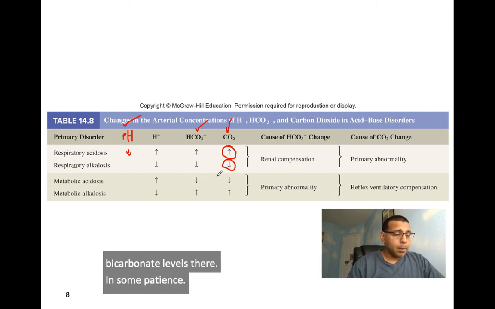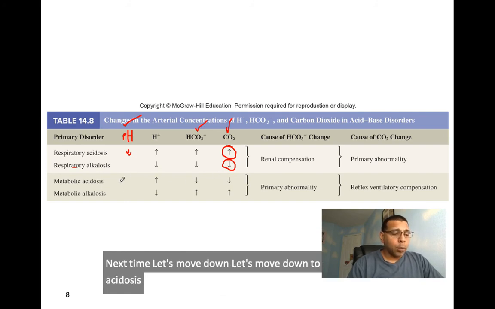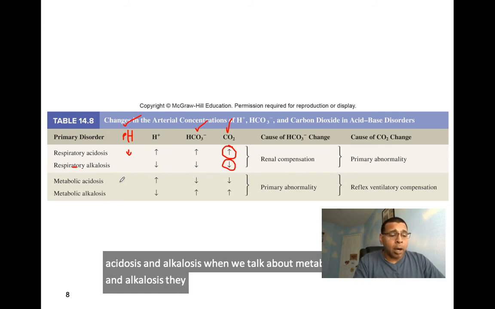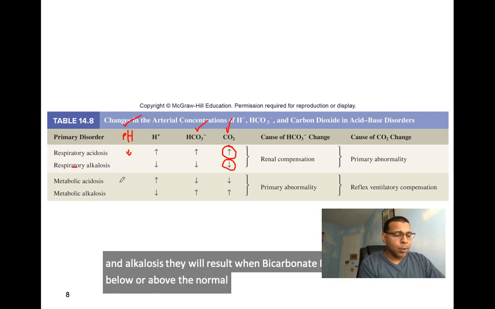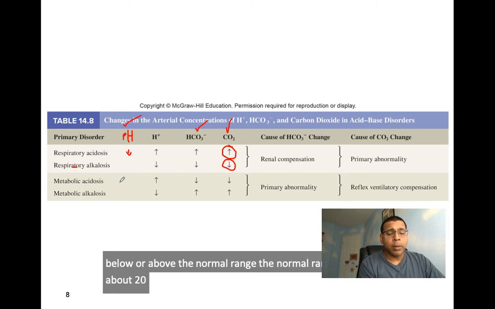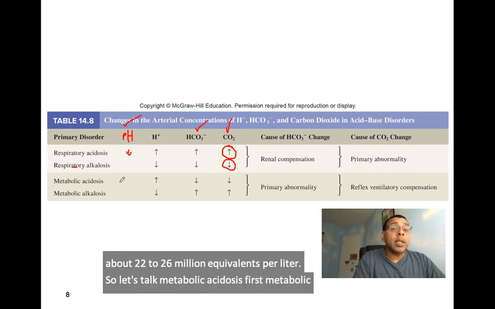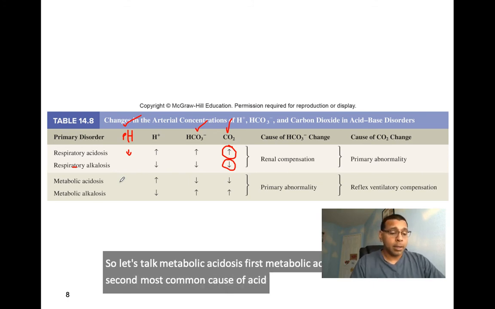Next, let's move down to metabolic acidosis and alkalosis. They result when bicarbonate ion levels go below or above the normal range, which is usually about 22 to 26 milliequivalents per liter. Let's talk metabolic acidosis first. Metabolic acidosis is the second most common cause of acid-base imbalance.